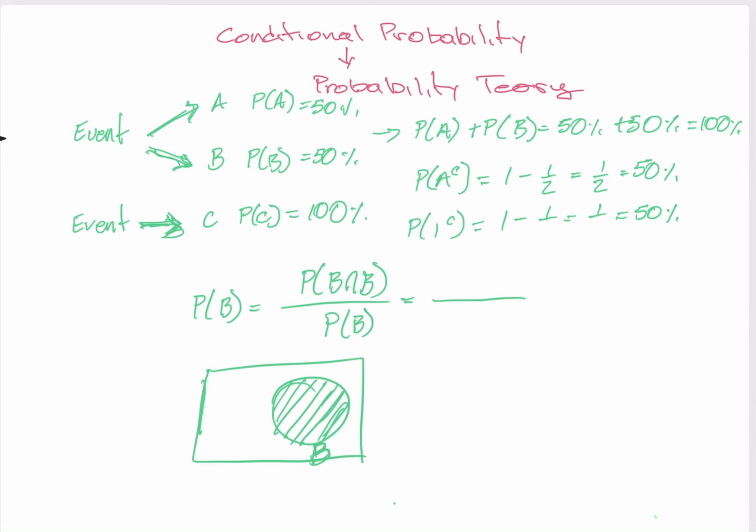So this is equal to the probability of B over the probability of B, which is equal to 100%.